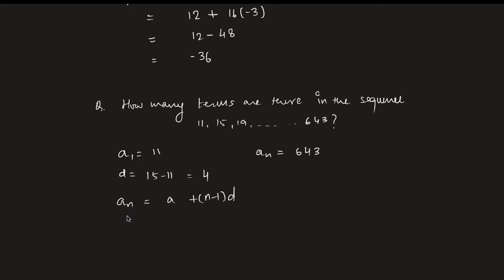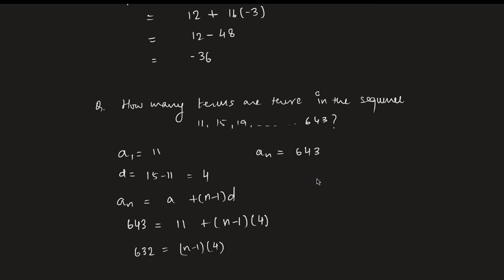Now an is 643. What is your a? The first term is 11, plus n minus 1 d. We don't know the value of n minus 1, and we know the difference is 4. Now we just have to do simple algebraic calculations. 643 minus 11 gives us 632, which is equal to n minus 1 multiplied by 4.